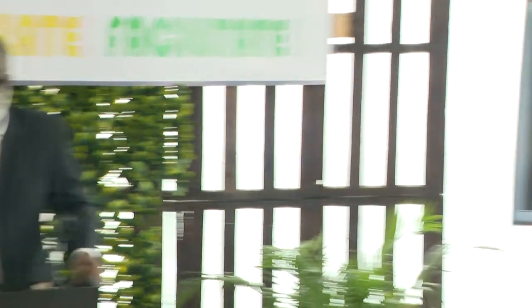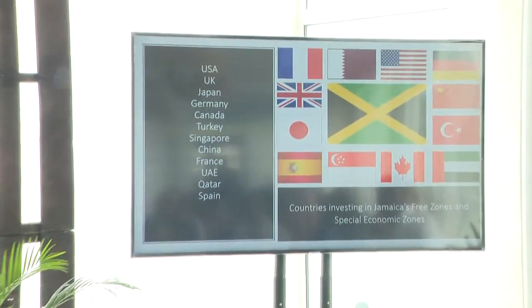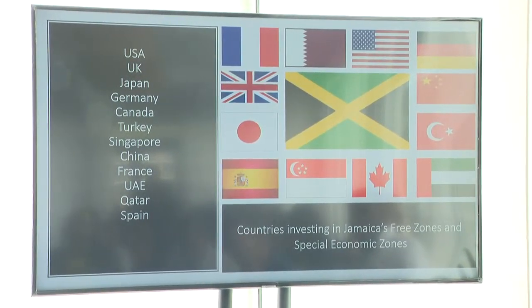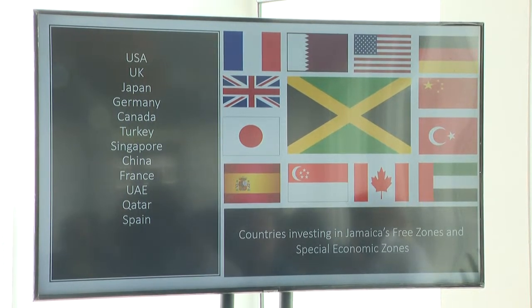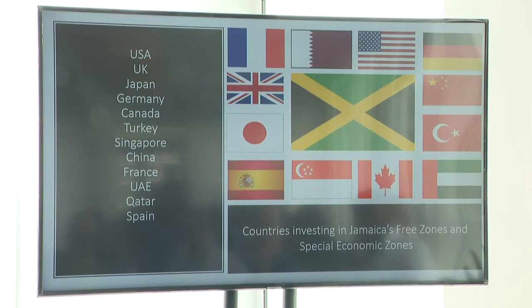But the good news is that we're getting a lot of interest from a wide range of countries: US, UK, Japan, Canada, Turkey, China, France, UAE, Qatar, Spain. So the investment climate in Jamaica is very attractive right now.